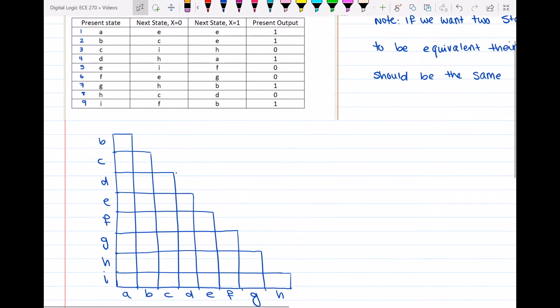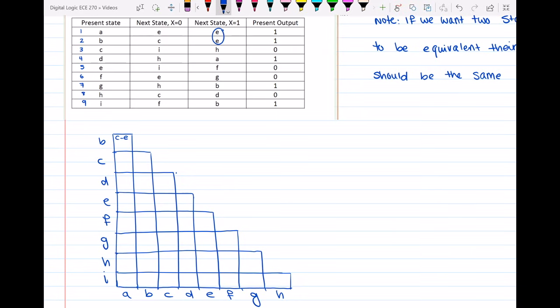So when x is equal to 0, the next state of A is E. And when x is equal to 0, the next state of B is C. So for 1, it's E and E, okay? So it's okay. We don't need to write anything because they are the same.